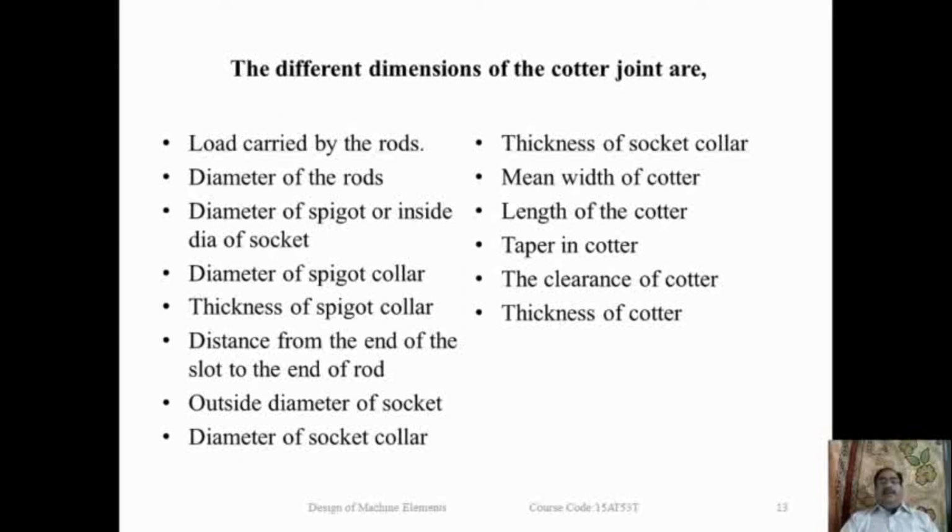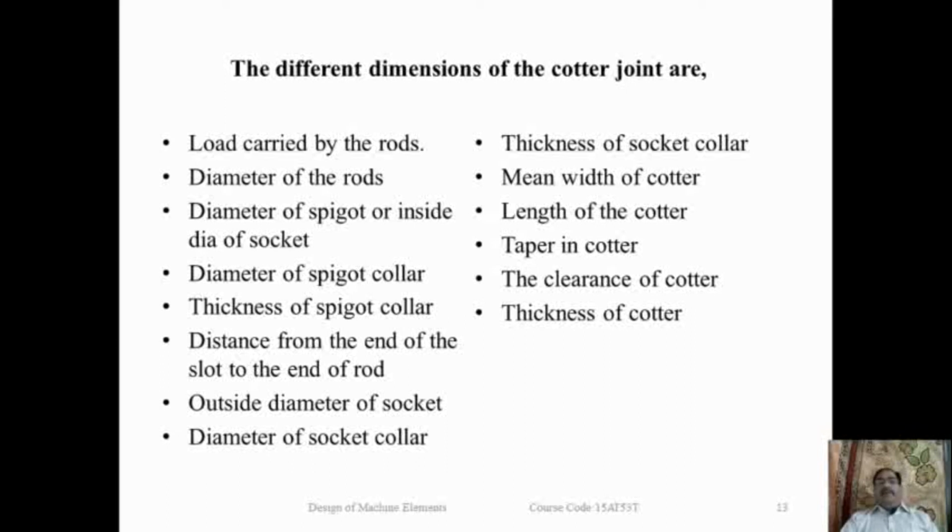After that we have to design the distance from the end of the slot to the end of the rod. Then the outside diameter of the socket, the diameter of the socket collar, and the thickness of the socket collar. Then we design the cotter, that means the width of the cotter, length of the cotter, and taper in the cotter.